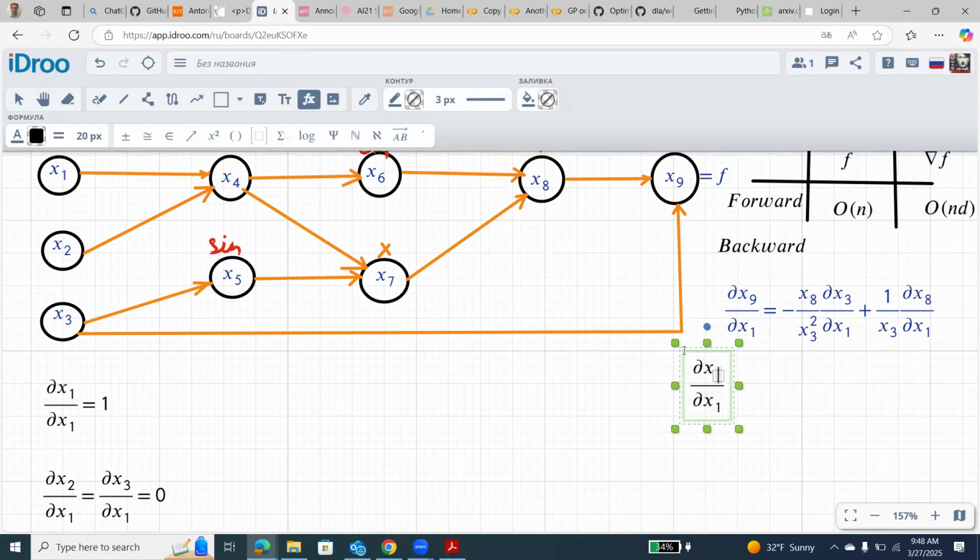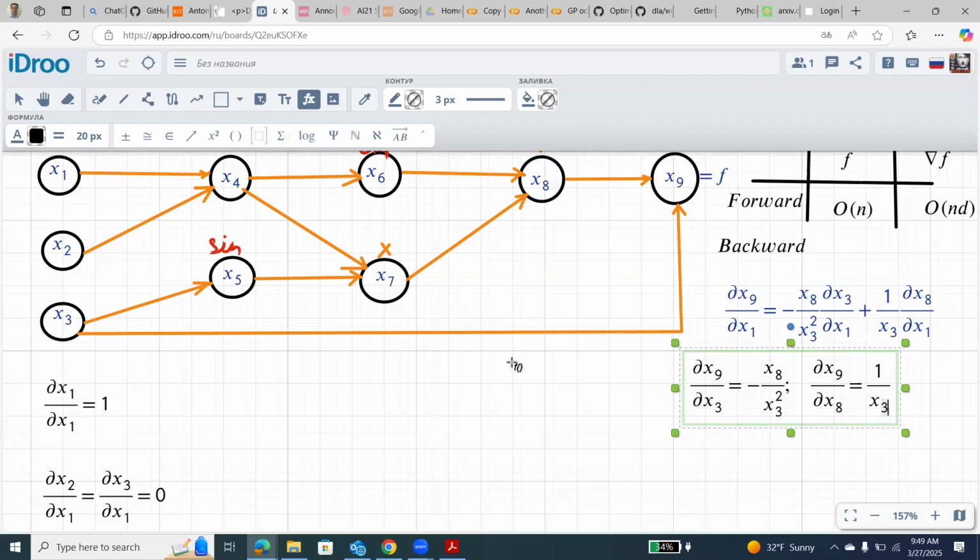The derivative of x9 with respect to x3: because x9 is x8 over x3, it will be negative x8 over x3 squared. And the derivative of x9 with respect to x8. So we will calculate derivatives only with respect to inputs.